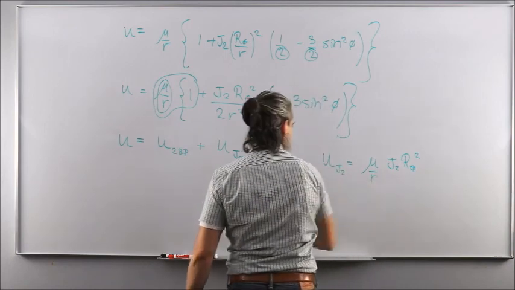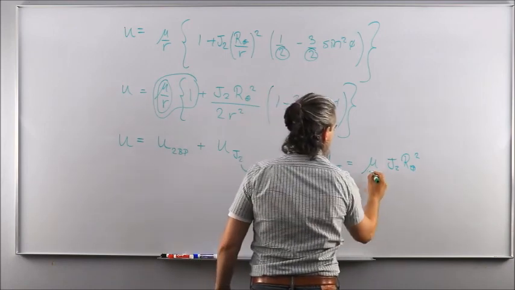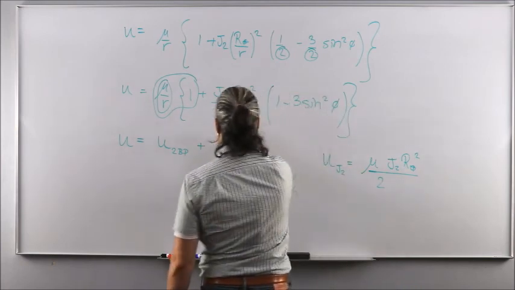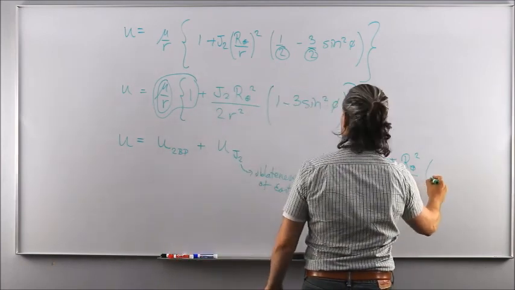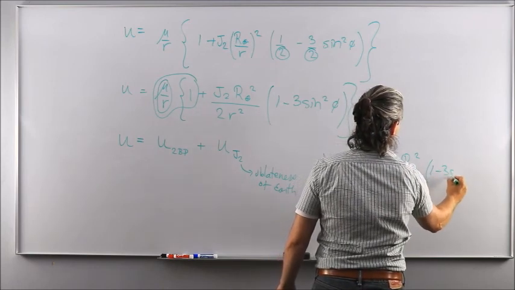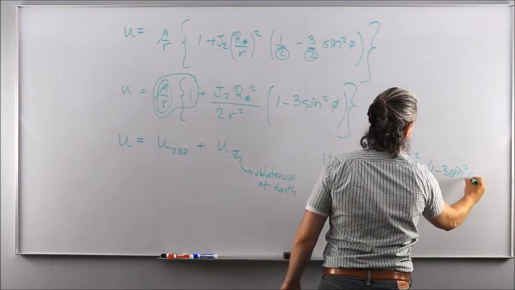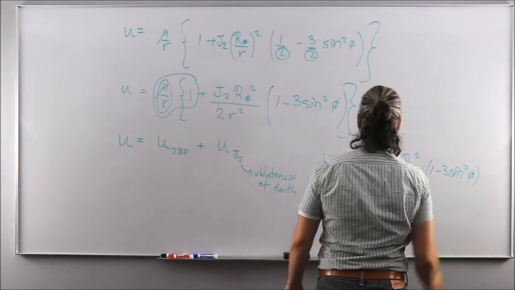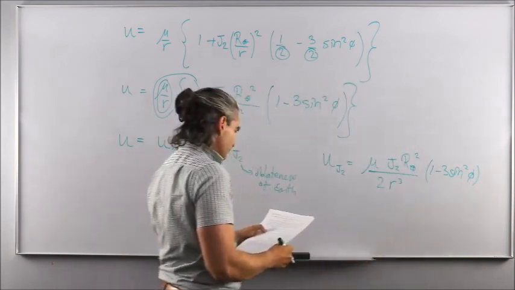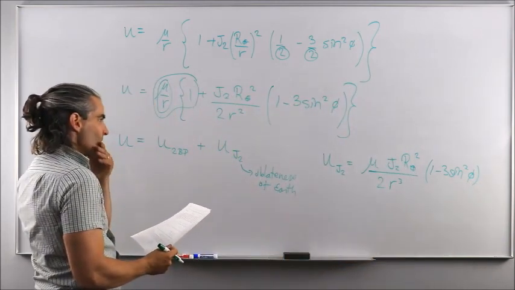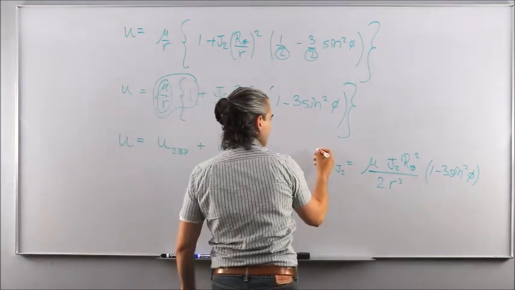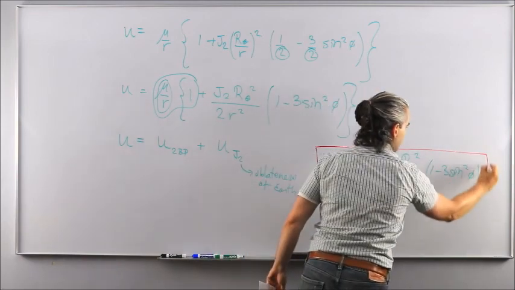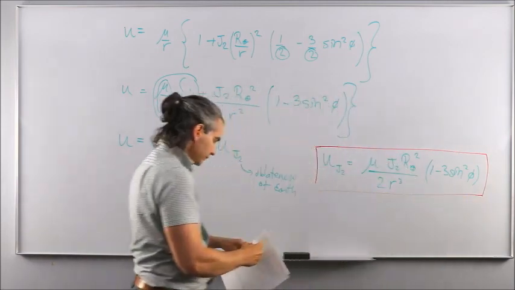I have my 2 here, and then it becomes r cubed, and this multiplies 1 minus 3 sine squared of my geocentric latitude. And this is the only term I'm going to consider for now.